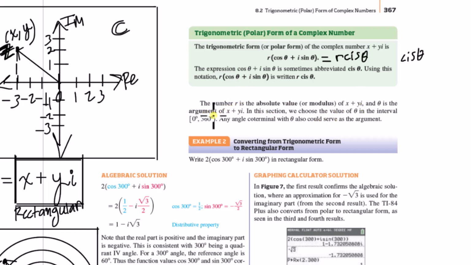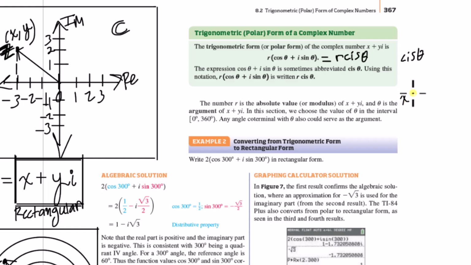Now, the number r is the absolute value or modulus of x plus yi, and theta is the argument of x plus yi. So here's some notation for you to remember. Notice that they're saying that r is the absolute value or modulus, not of the polar form, but of the rectangular form.